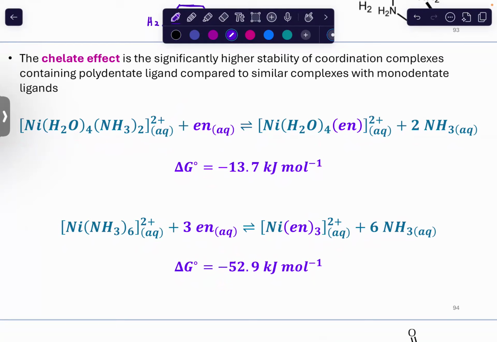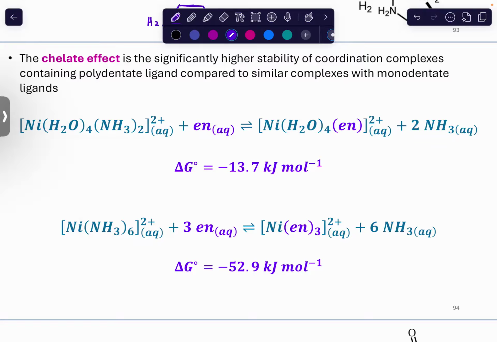Here, you notice that as we start replacing amine groups, which are monodentate ligands, with these ethane diamine ligands, which are bidentate, when we do it once, we have to remove two of those amine groups to get the space for the bidentate interaction, and we get a delta G of negative 13.7.